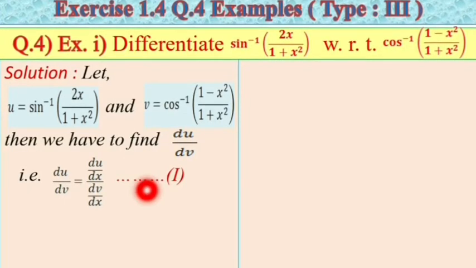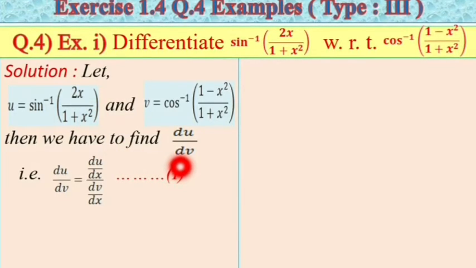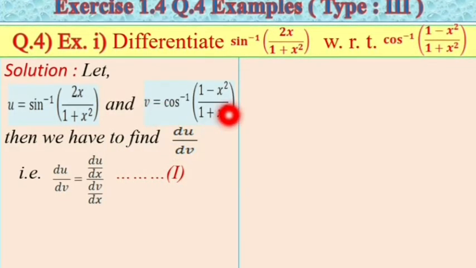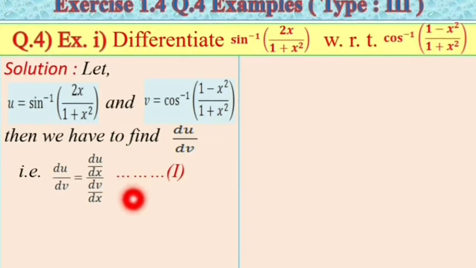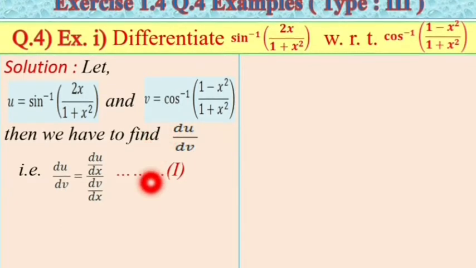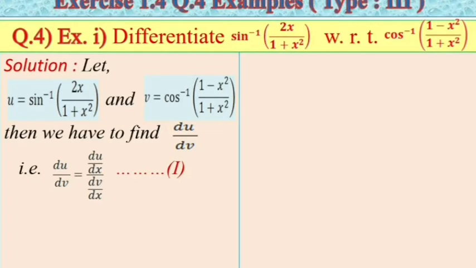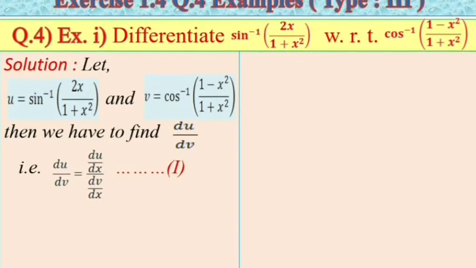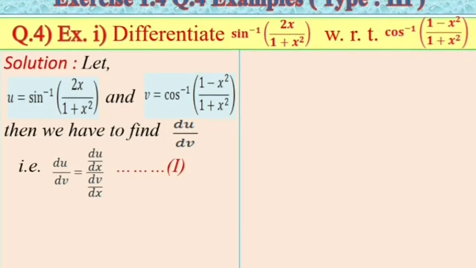That means firstly find the derivative of u with respect to x, then find the derivative of v with respect to x, and then by taking the ratio of these two derivatives, we get the derivative of u with respect to v, and that is taken as equation number 1. The procedure is the same as in the parametric function, the only difference being that the first function is taken as u and the second function is taken as v.